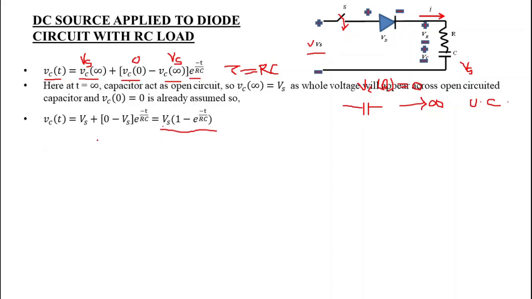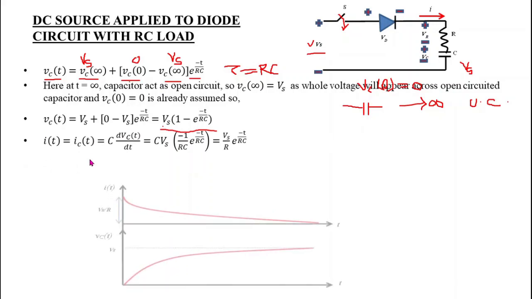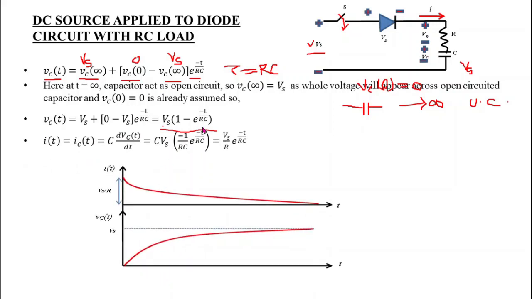So now we have to plot the waveform for this capacitor voltage. How can we plot this? At t equals 0, e to the power minus t by RC is equal to 1, and 1 minus 1 is 0, that's why we get 0.